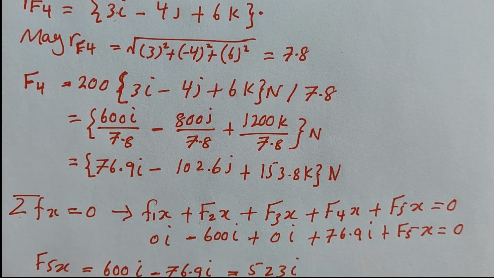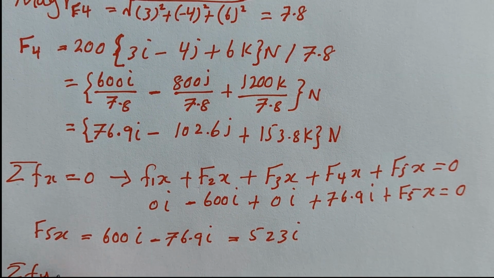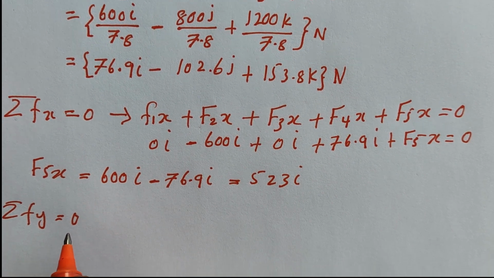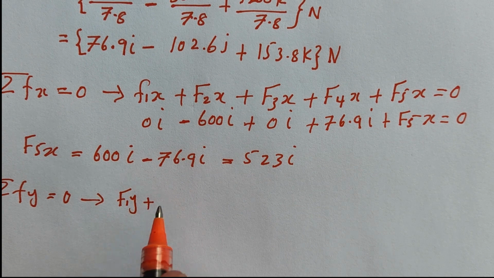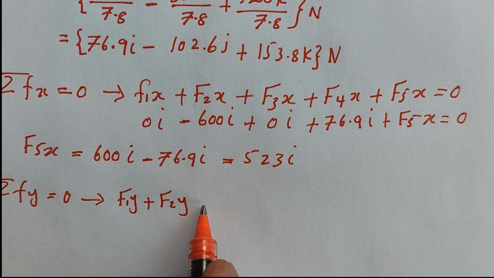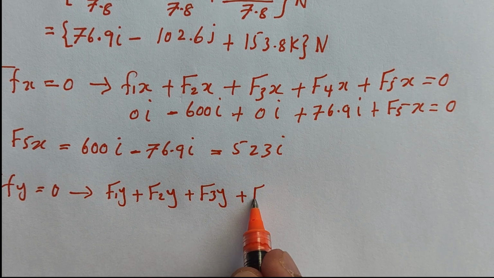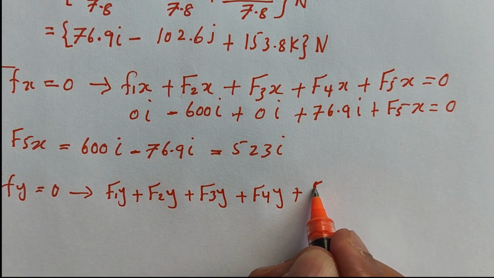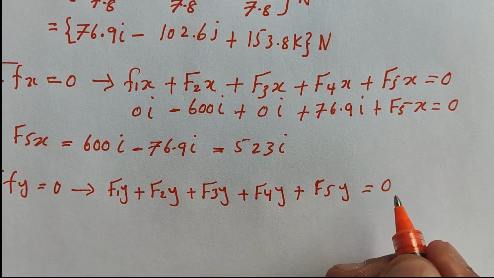Sum of the forces, we repeat the same thing. Sum of the forces on the y-axis should equal 0. From here we know that F1 on the y-axis plus F2 on the y-axis plus F3 on the y-axis plus F4 on the y-axis plus F5 on the y-axis should equal 0.